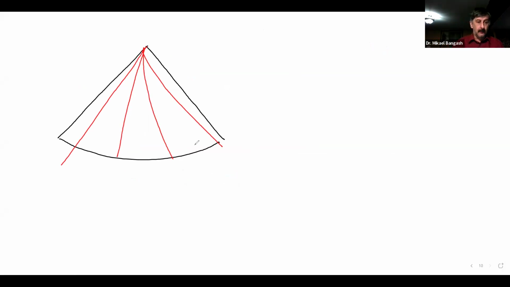What we can say is that up here is where we have a greater line density.